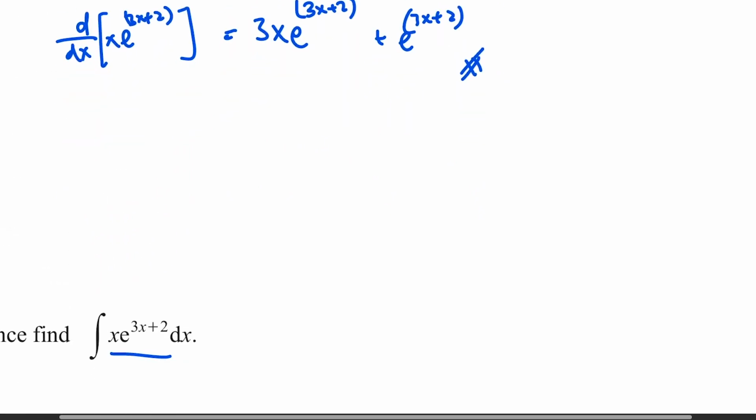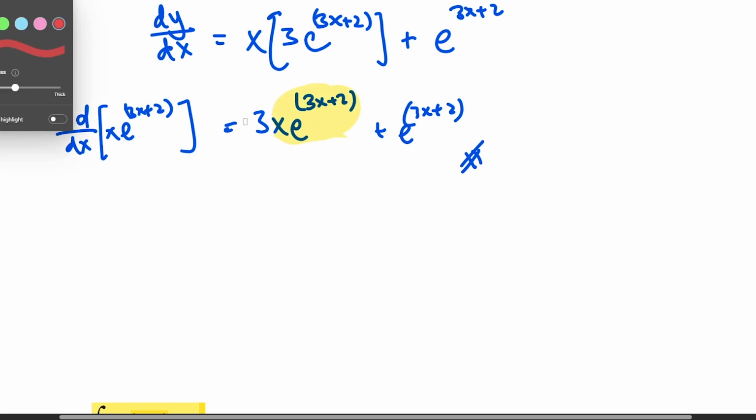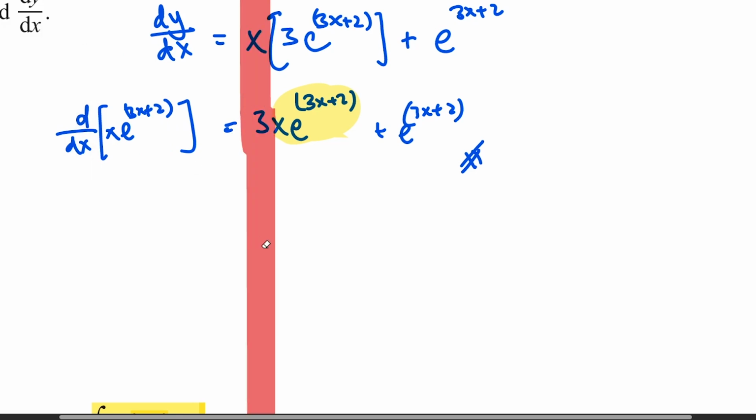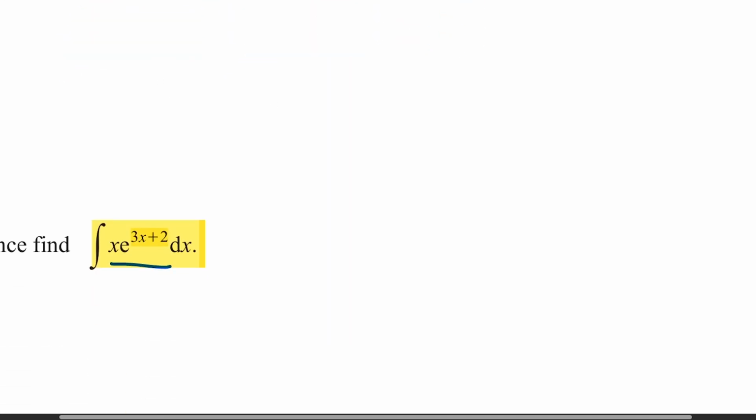What we can notice is the integrand and this entire thing are similar. What's extra here is only this 3, this coefficient in front. So we want to try and get rid of that and make it the subject.